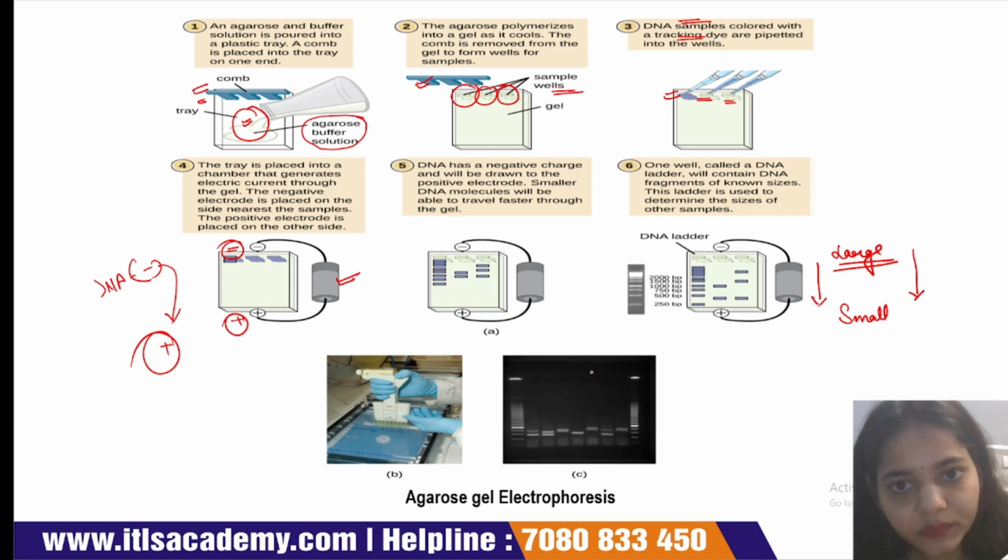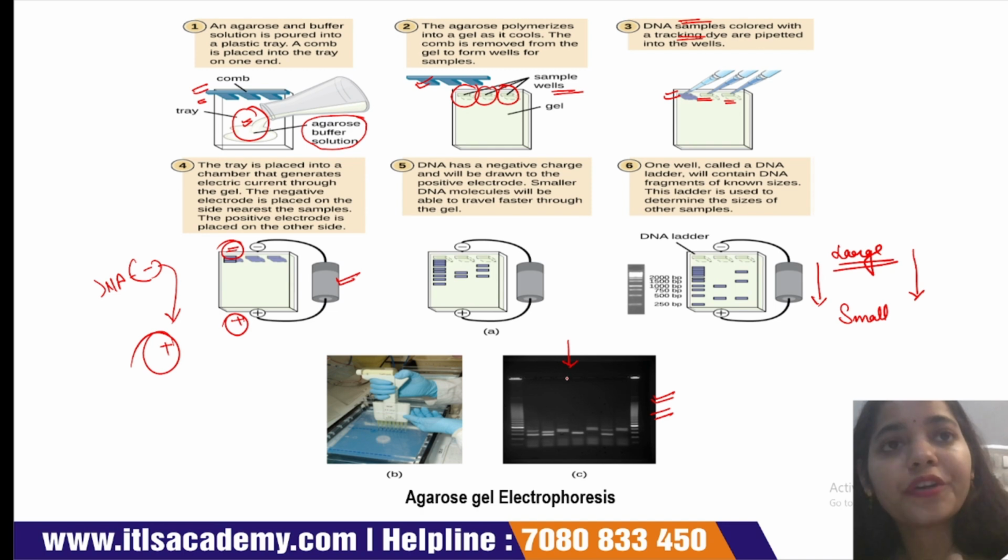After performing this process, we found these types of bands. Now we transfer these bands onto the nylon sheet because this gel is basically a jelly-like structure and can break easily.